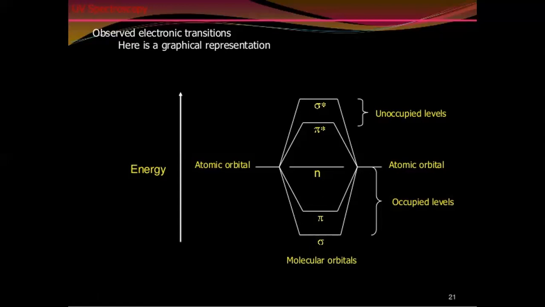The compounds containing double bonds will have pi electrons, and this is observed in alkenes, aromatics, carbonyl compounds, and so on. Whatever compounds have double bonds, pi to pi star transitions are observed.